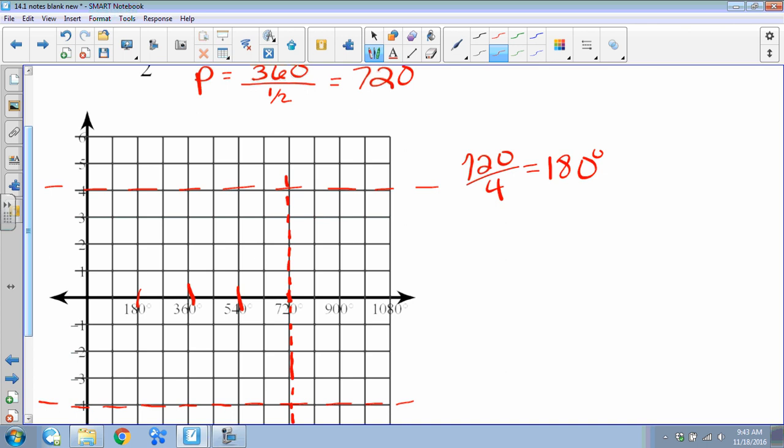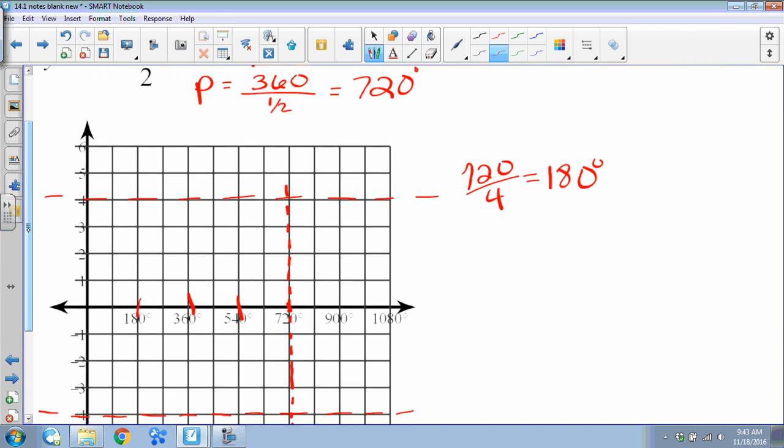Now, some of these, when you divide it by 4, you may have to estimate where it is on your graph. Okay? It doesn't have to be exact. It just needs to be an estimate. So I can figure out where to put these hash marks. Because when I go to graph it, we're doing sine, so I have to start here, then I have to go high, here, low, here. Is it correct? Yes, because there's 4 equal parts in one wave. Okay?